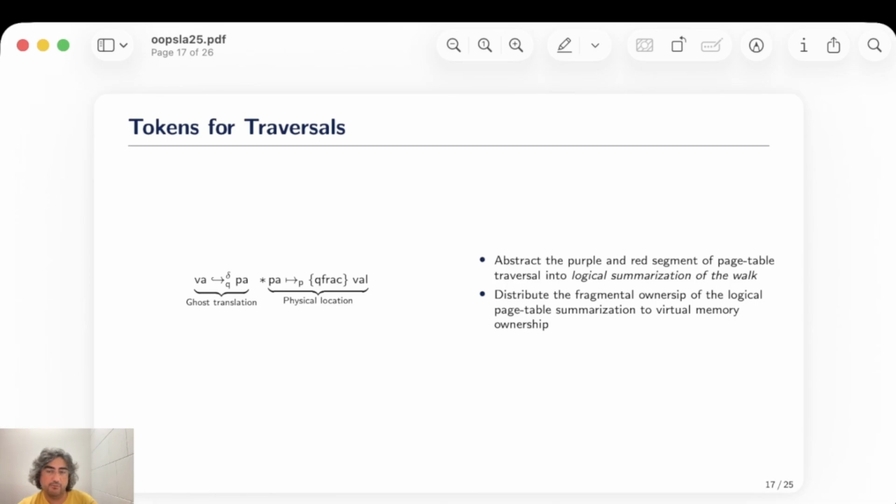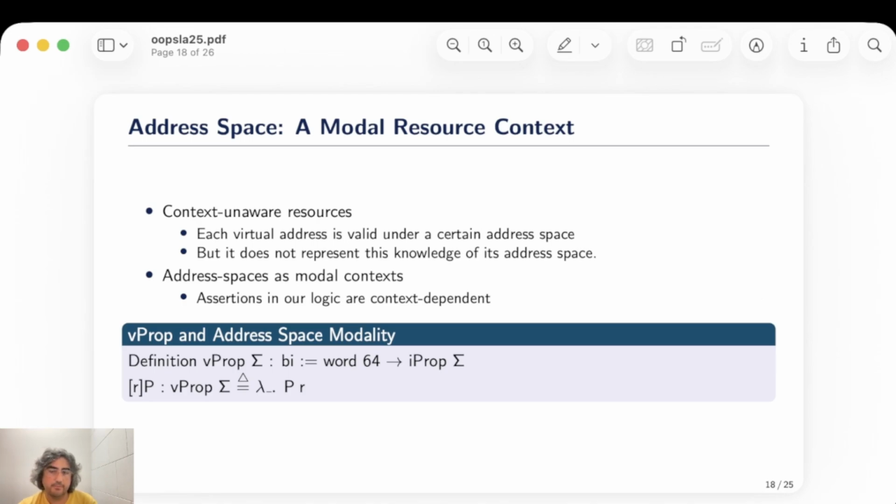By having this form, we basically recover the soundness of address translation, because the protocol enforces having the full ownership of the traversal token to change the underlying shared page tables, which reside inside a persistent invariant.